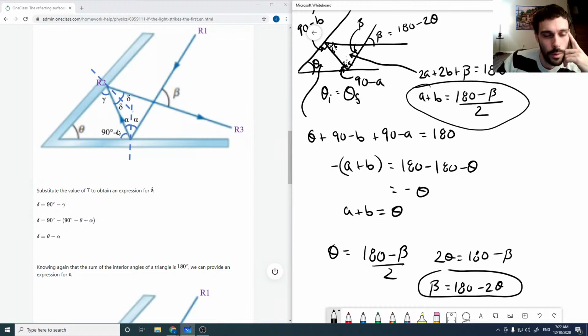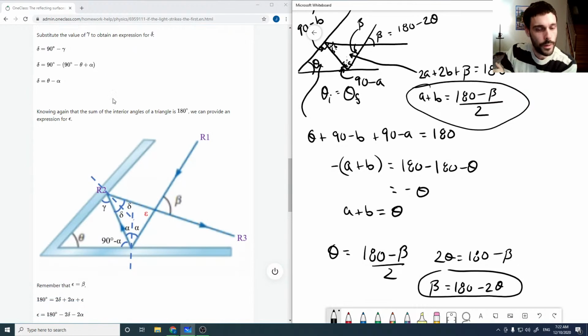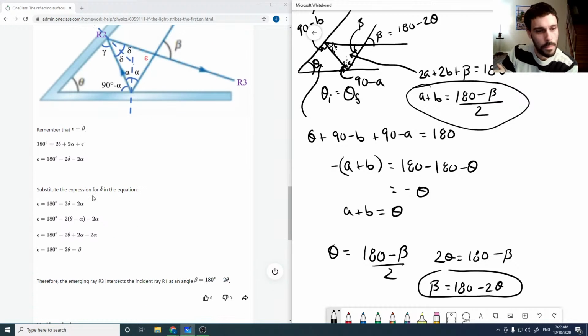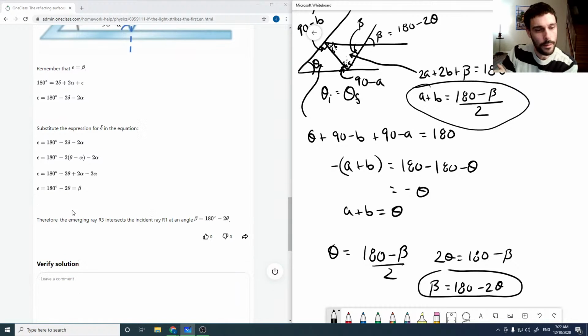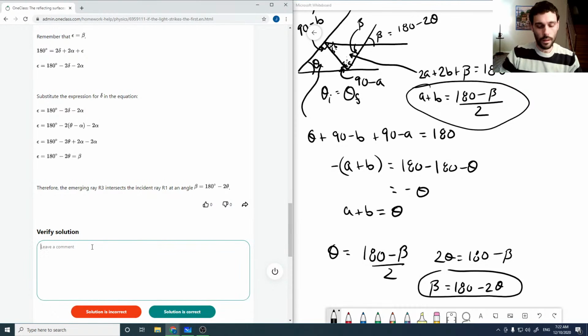So they basically are moving around the triangle. So this is a slightly different method than the one I use, but I think it should be fine. And solve for epsilon, but then epsilon and beta are the same, and it's 180 minus 2 theta. So that looks good.